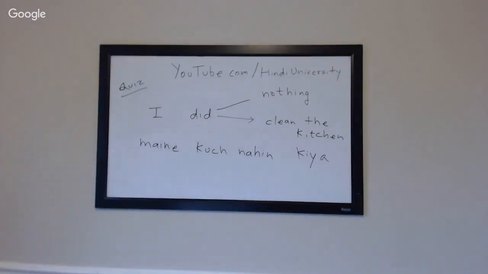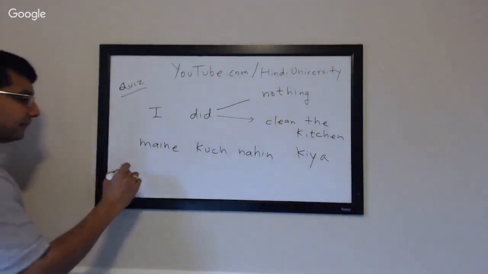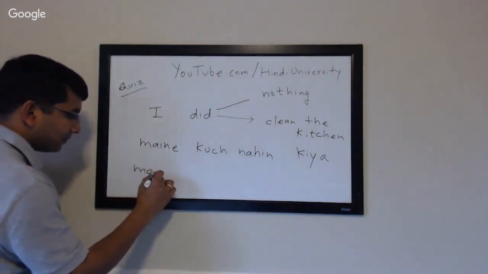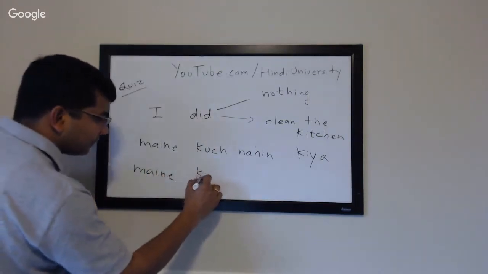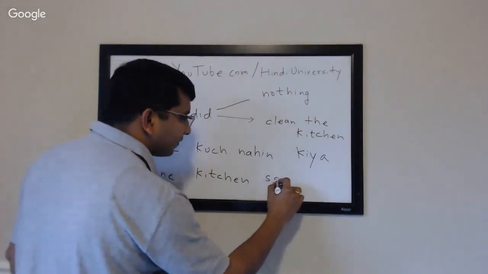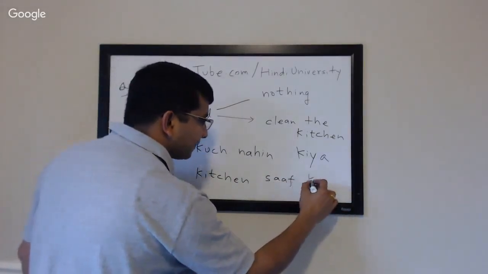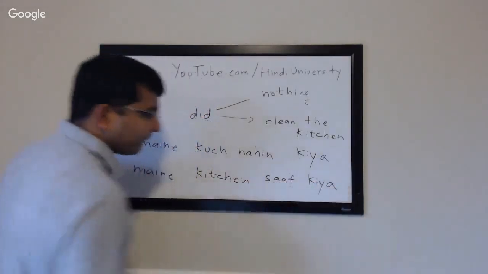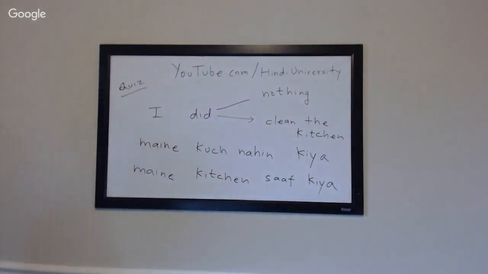Okay, to clean is साफ करना, but let's see if you can use it. Okay, I'm gonna help you here. So you say मैंने kitchen साफ किया. मैंने kitchen साफ किया.